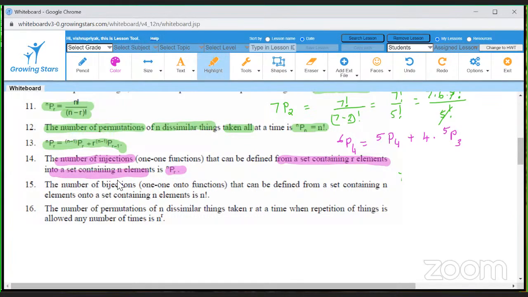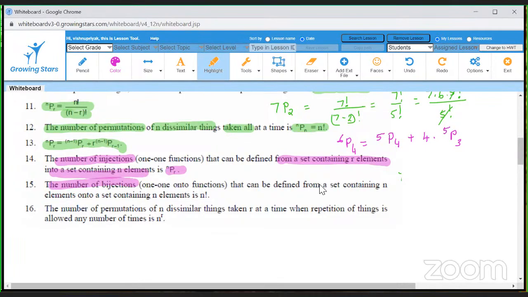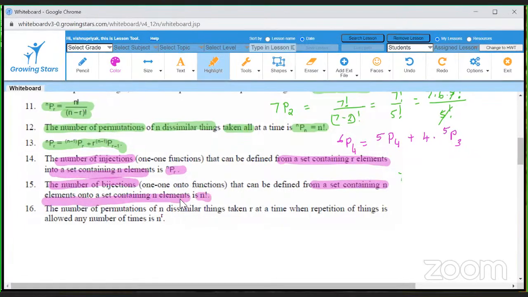The number of bijections, that means one-one and onto both, from a set containing n elements onto a set containing n elements is n factorial. So how many one-one and onto functions? How many one-one functions? Using this formula, you can find it.